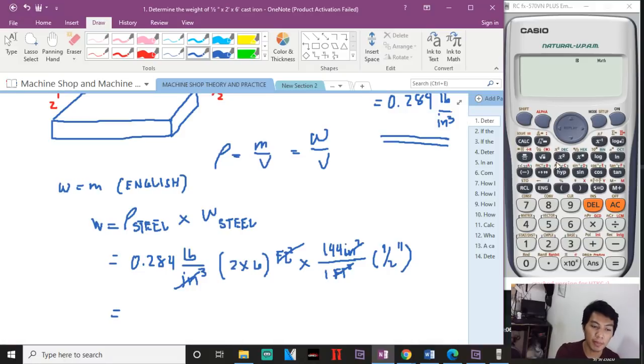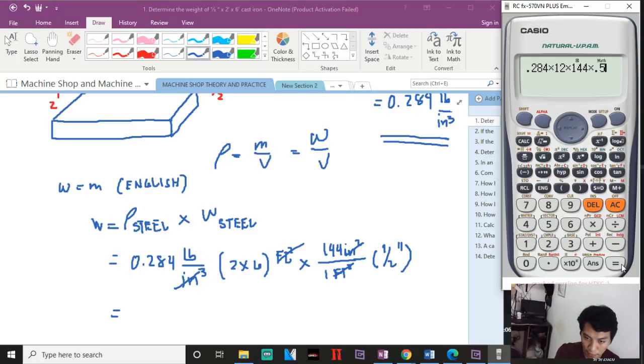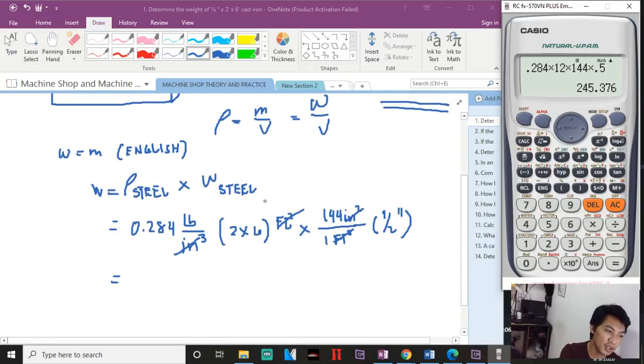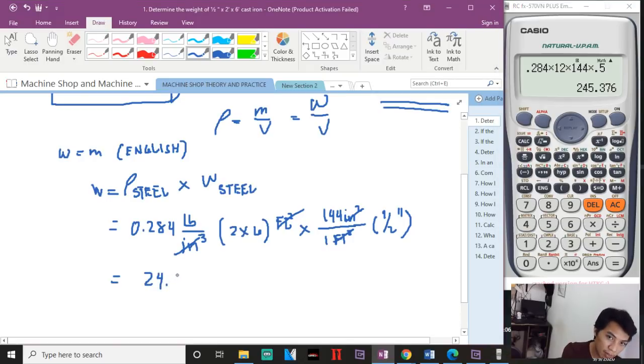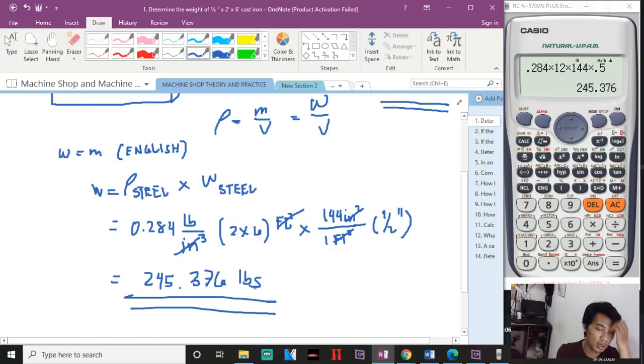Therefore, we calculate 0.284 times 12, kasi 2 times 6 is 12, times 144 times 0.5, kasi 1/2. So that is 245.376 pounds. Kaya remember kung paano natin siya sinosolve.